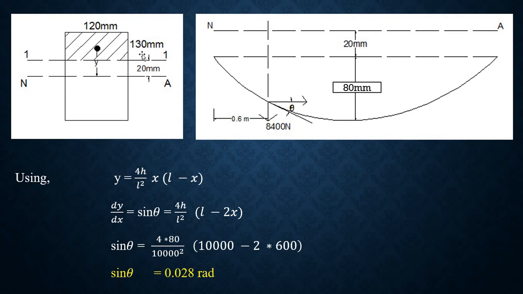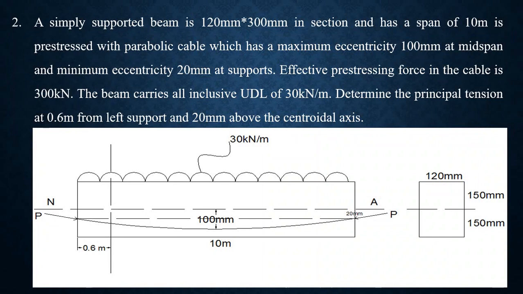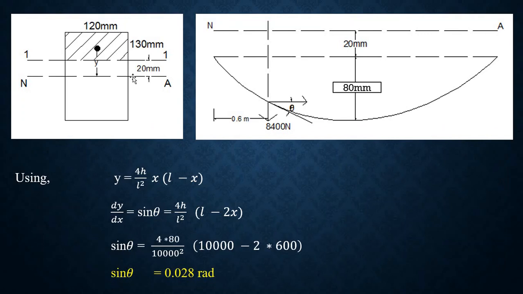The remaining portion is 130 mm depth, width is 120 mm. How did I get this 130? You can see a cross section. This height was 150 above the neutral axis. So 150 minus 20, you will get 130 mm.